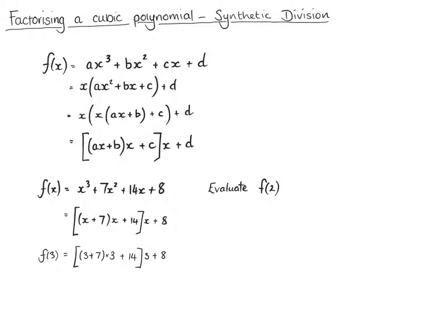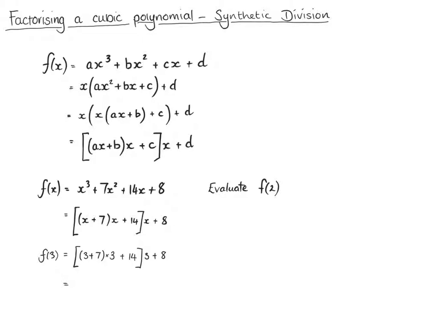So we're doing 3 plus 7, which is 10, and then 10 times 3, and once we've done that, we're then adding 14, then timesing by 3, and then adding the 8 again. So there's lots of timesing by 3s until you get to the end.